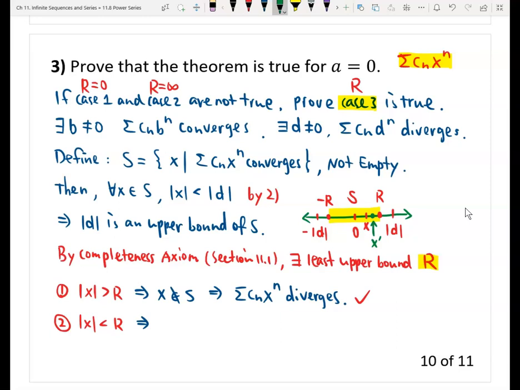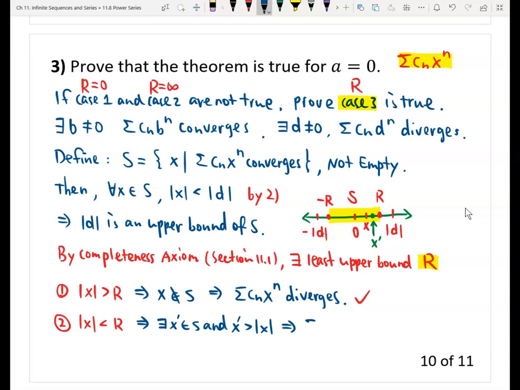That's the definition of a least upper bound. Therefore, now we can write it down. We can find X prime belongs to S, and X prime greater than the absolute value of X. Good. So now we can find something.